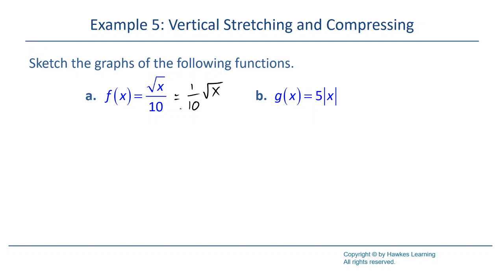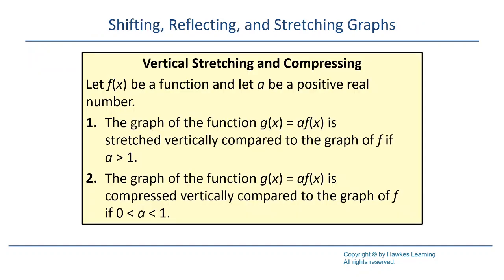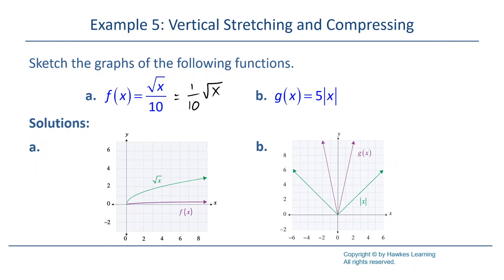So you know, because this a is between 0 and 1, it's going to do the compression versus 5, which is going to do the stretch. So you can see here that regardless of how you stretch and shrink, I think I may have said it a bit differently that first time.